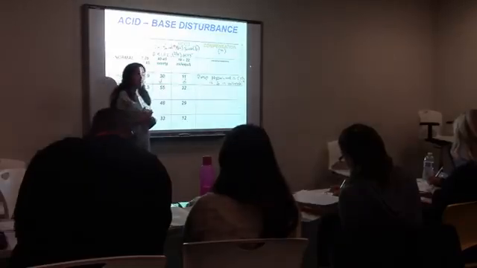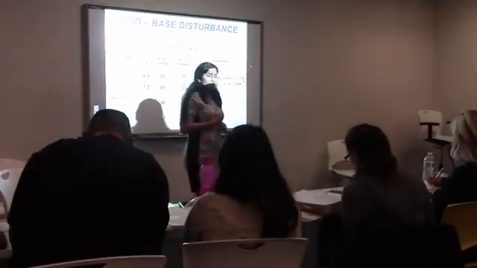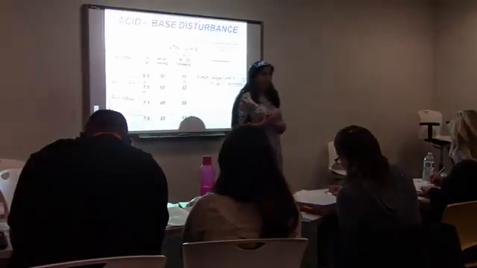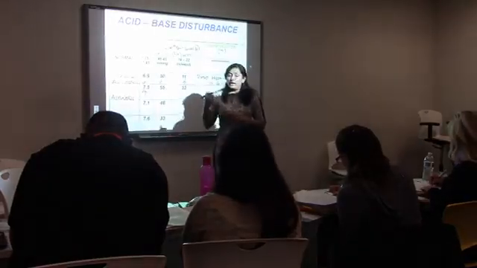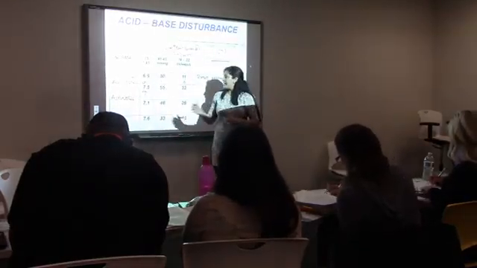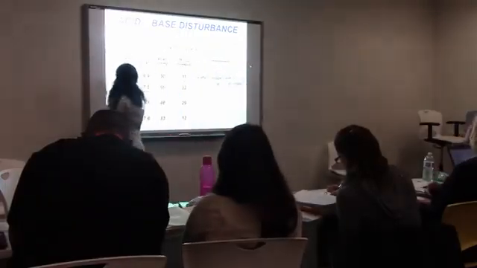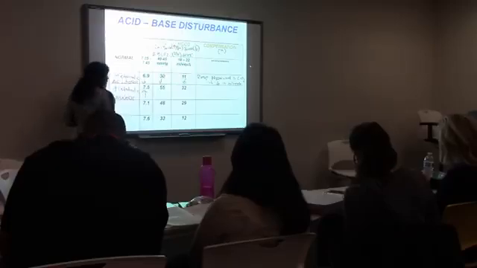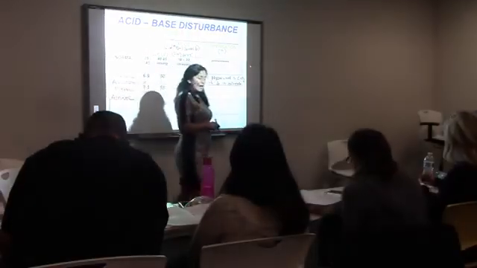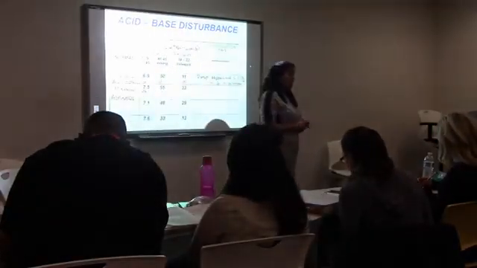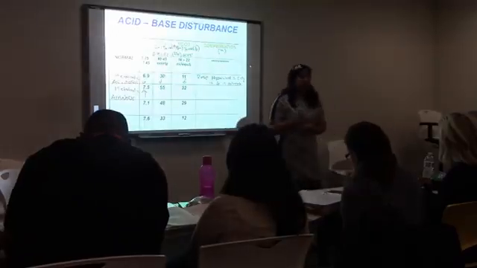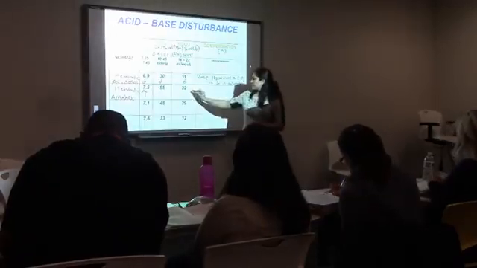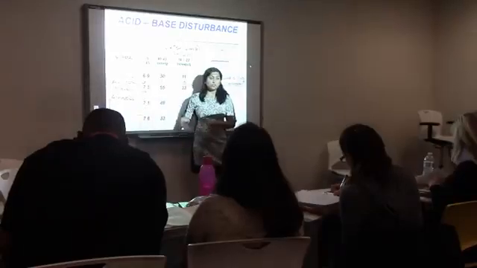If you have respiratory alkalosis, what should your CO2 levels be? It should be low. Is it low? No. So then it is called metabolic. If you say you have metabolic alkalosis, what should your bicarbonate levels be? High. Has it increased? Yes, it's increased. So you know this is right, metabolic alkalosis.